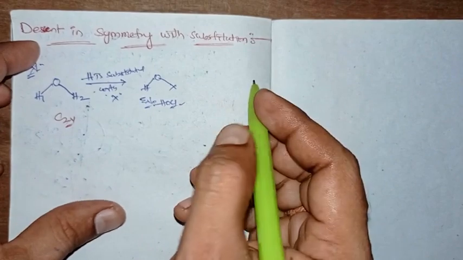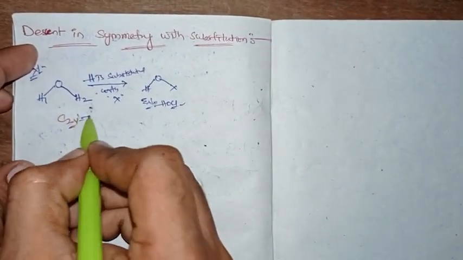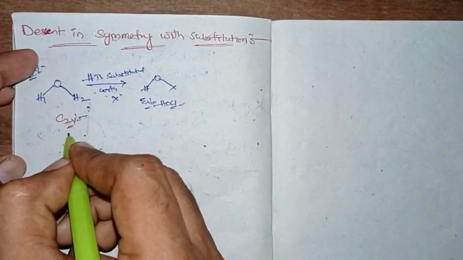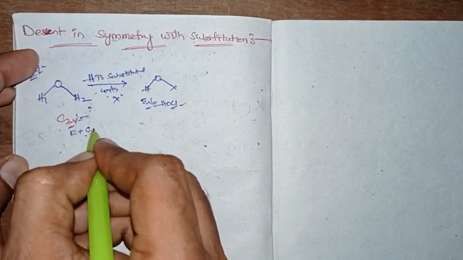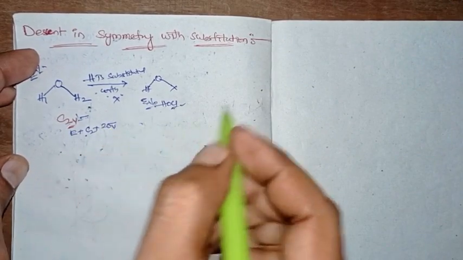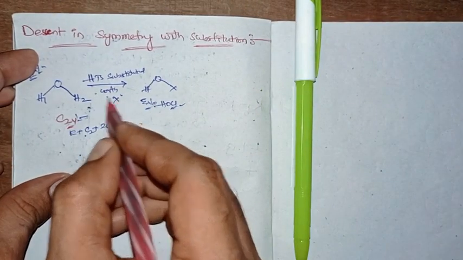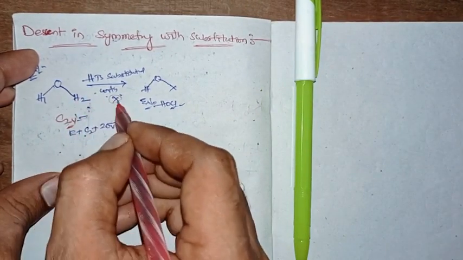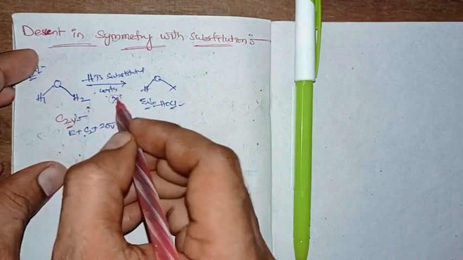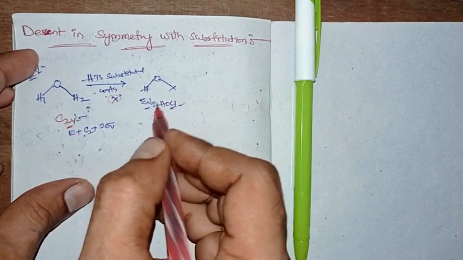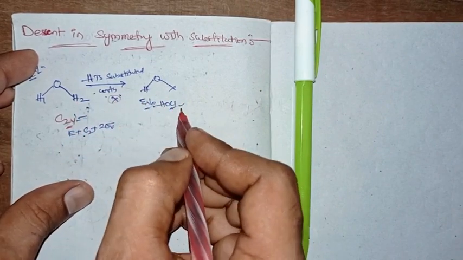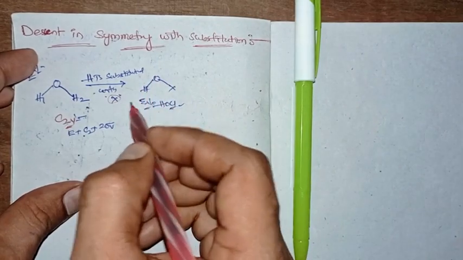So here the C2V point group for water will have E plus C2 plus 2 sigma V's. When we are substituting one of the hydrogens with some X element, such as chlorine, this is the moiety it generates.